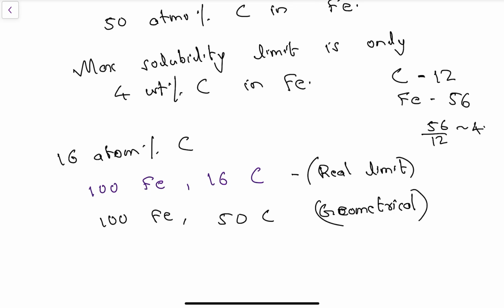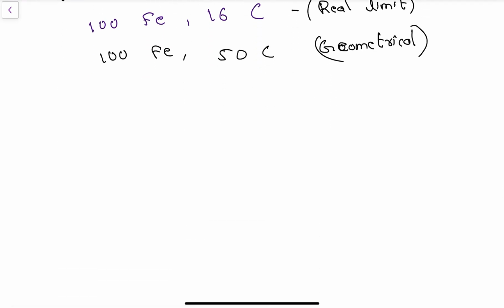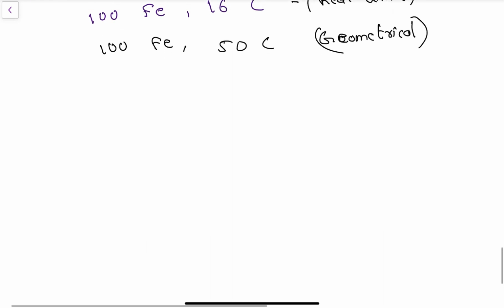So why is it so? Why can we not achieve the geometrical limit? Let us see. I told you that the carbon atom occupies the octahedral void. So what is the size of this octahedral void?